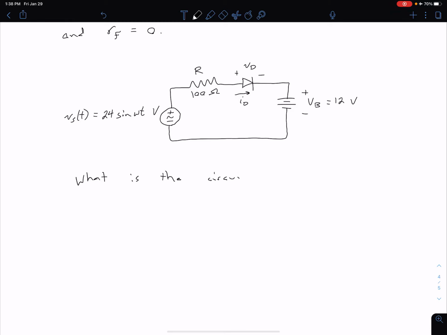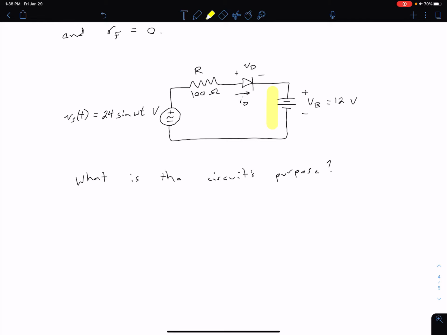What is this circuit's purpose? What's it doing? Well, this is pretty much the same circuit that we saw in the previous video. The main difference is that we now have this battery VB attached on the right side. Remember, our diode only allows current to flow from left to right, or in terms of the battery, only from the positive to the minus terminal.